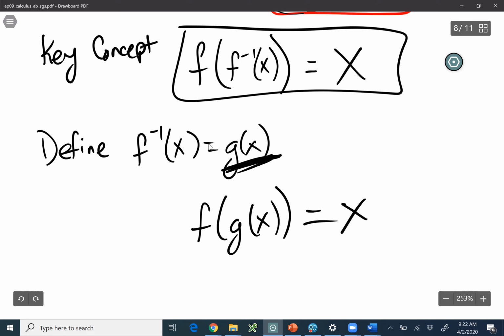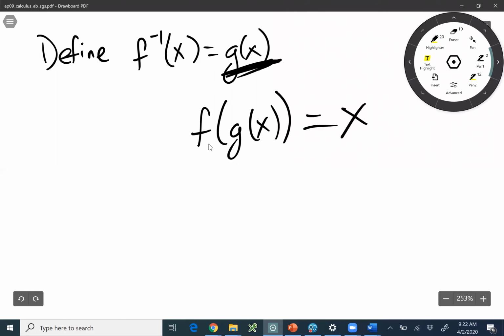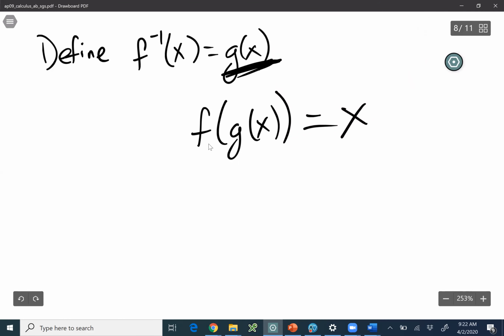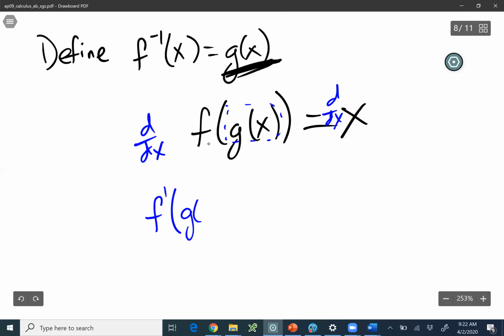So if we take the derivative of both sides, on the left side it would be chain rule. The outside is f, so it's going to be f prime of our inside, the box, times the derivative of the inside, so times g prime of x. And on the right side, the derivative of x is just 1.